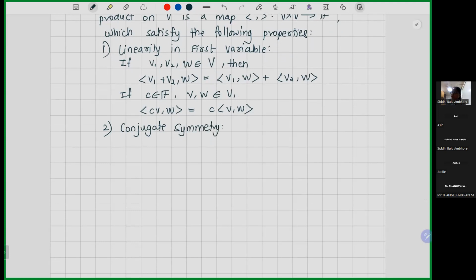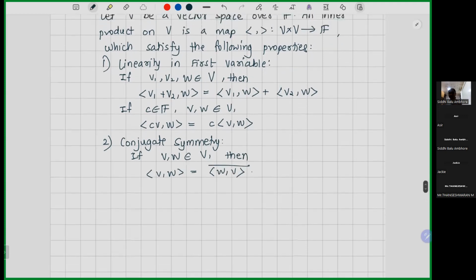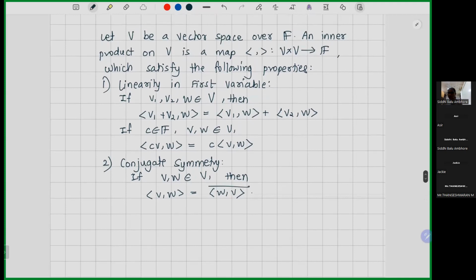Means that if V comma W in V, then V comma W is conjugate of W comma V. So note that if F is the field of real numbers, then this conjugate is the same.